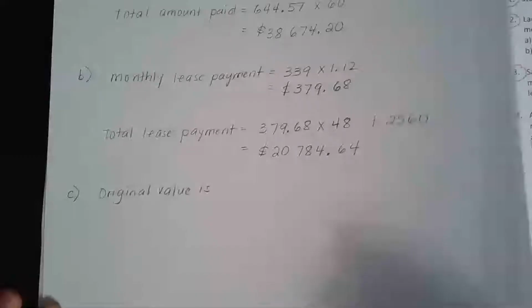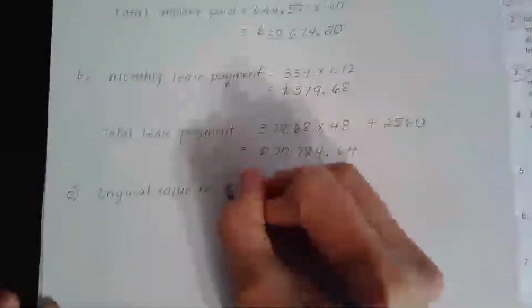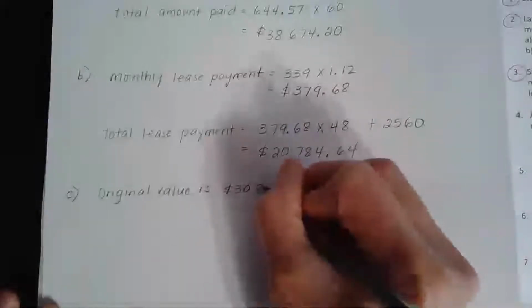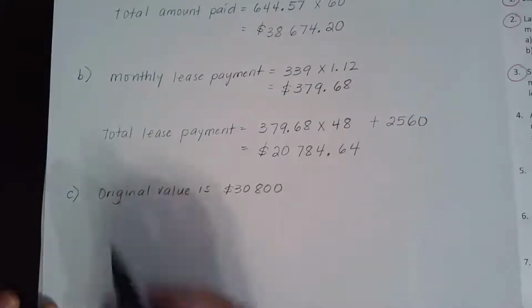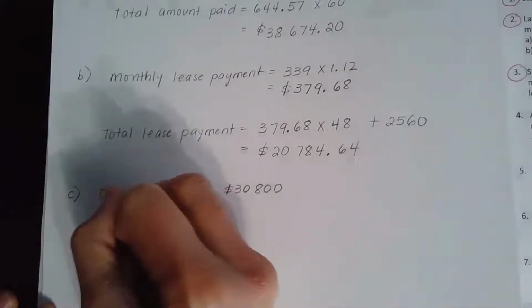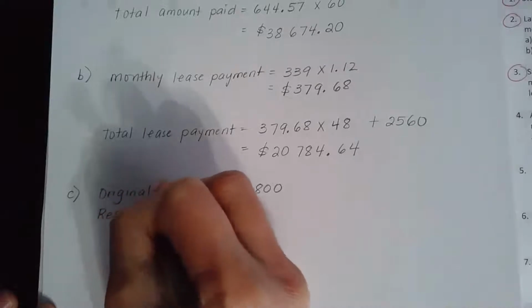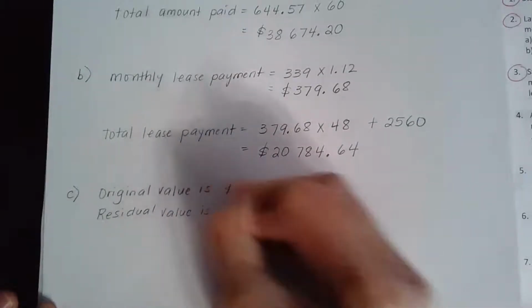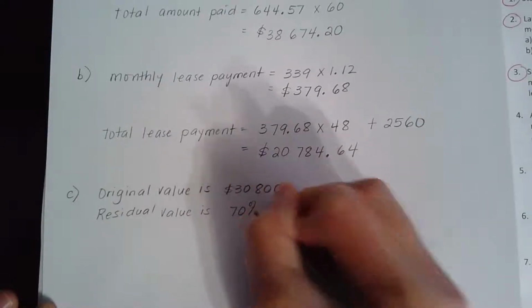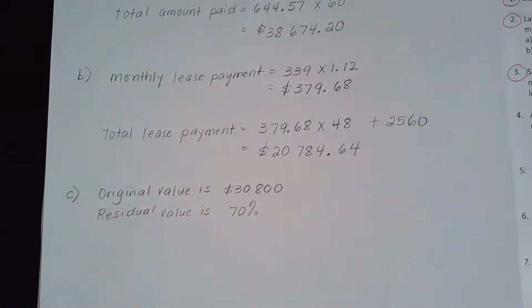Is 30,800. And after 4 years, the residual value is 70% only. It's okay, so it went down in its value.